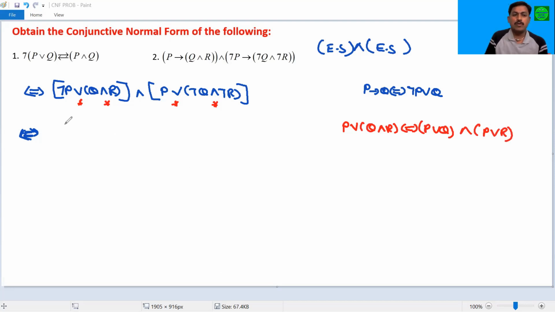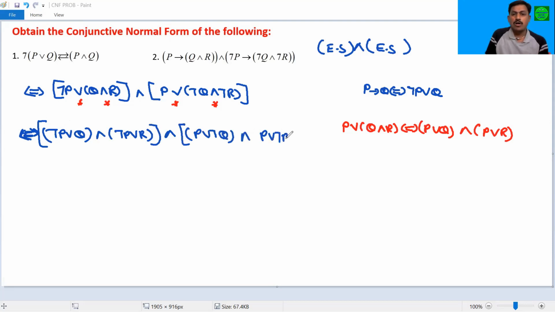Using this, I'm going to write the next step as not P or Q and not P or R, the first term here, and here P or not Q and P or not R. Now if you observe, inside the bracket terms we will have OR symbols, and in between the brackets we will have the AND symbols.